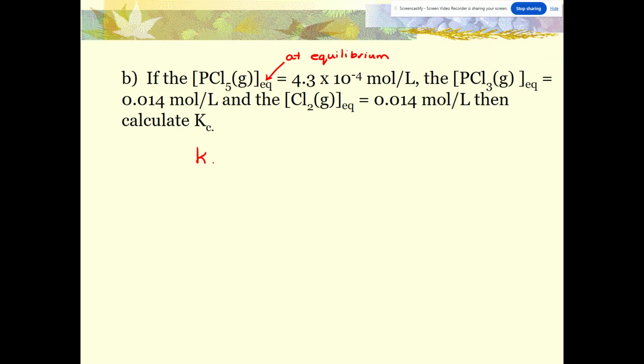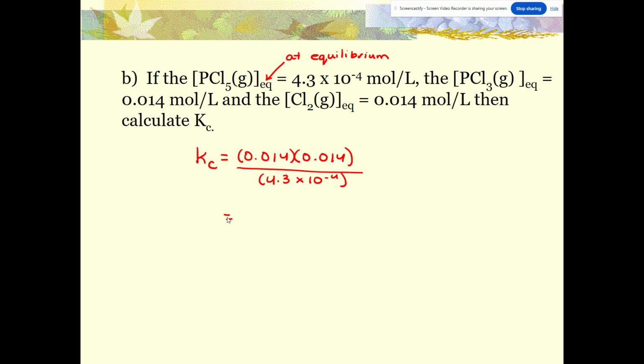So to find our Kc, again, it was the PCl3, which is 0.014, times the Cl2, 0.014, over the PCl5, 4.3 times 10 to the negative 4. That again was the expression we just found in the previous A question. So 0.014 times 0.014 divided by 4.3 times 10 to the power of negative 4.